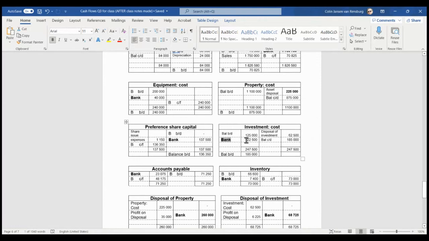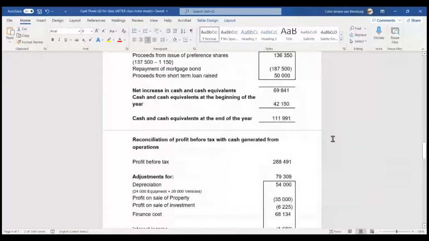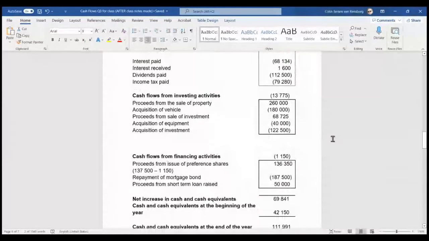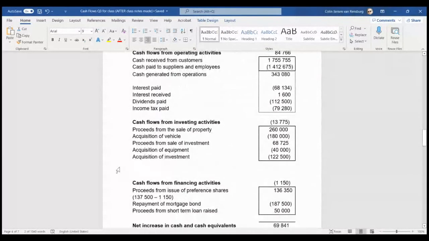Anyway, so that is the amount that we need to copy, 122,500. So we go to our statement of cash flows. There under our investing activities, we have an acquisition of investment or investments, depending on how many, 122,500.